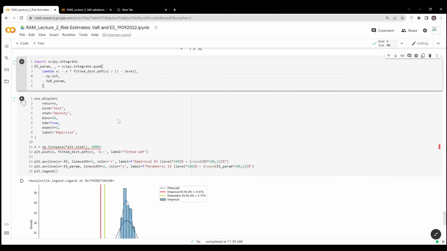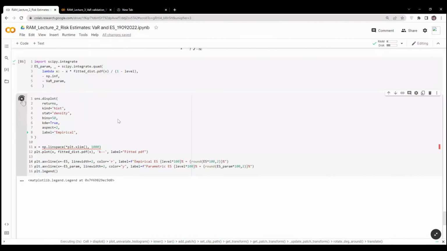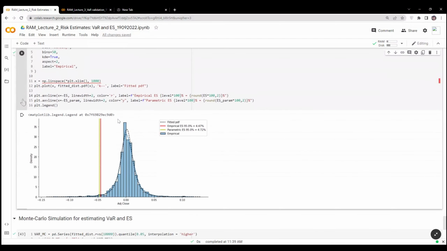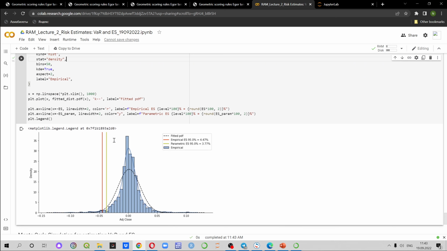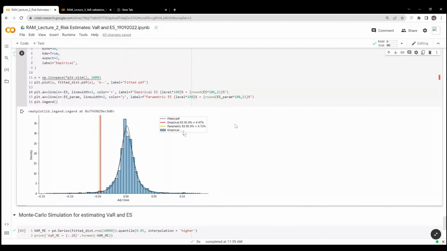Okay, and now you can see that picking another distribution, namely the Student's t-distribution, actually lets us obtain more conservative expected shortfall estimates, even compared to the empirical one.